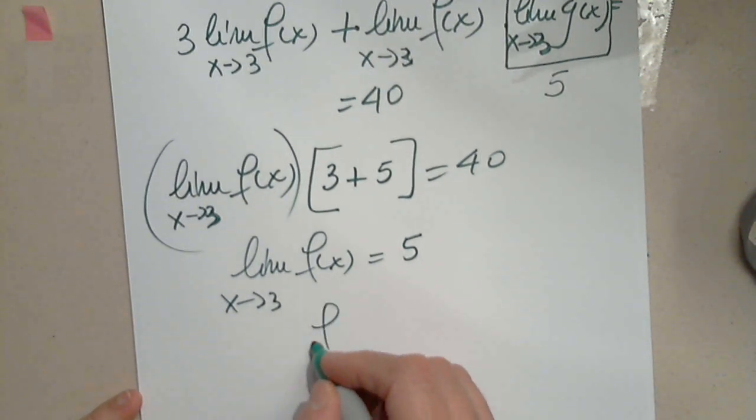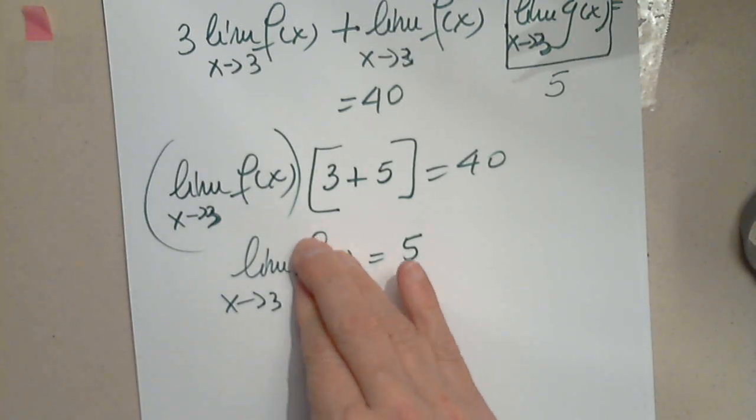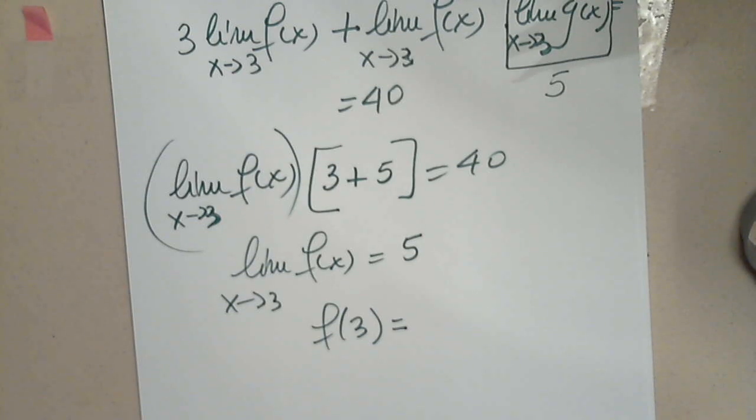So now, what could f of 3 be if I know that f is a continuous function, and the limit as x approaches 3 from either side is 5?